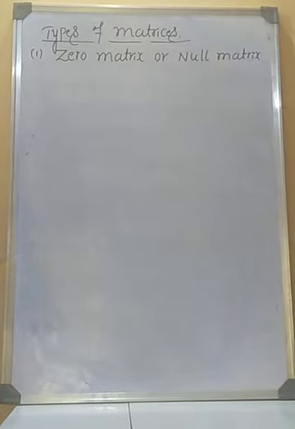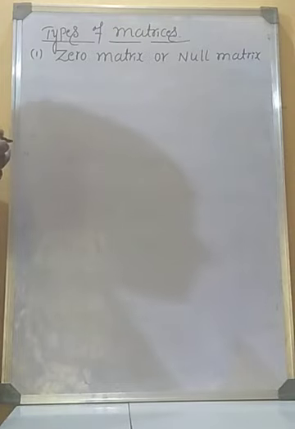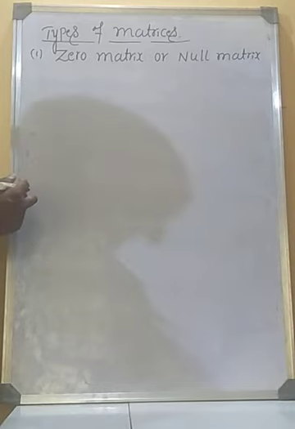Now, first one, zero matrix or null matrix. What is a zero matrix or null matrix? A zero matrix is said to be a matrix in which all its elements are zeros.